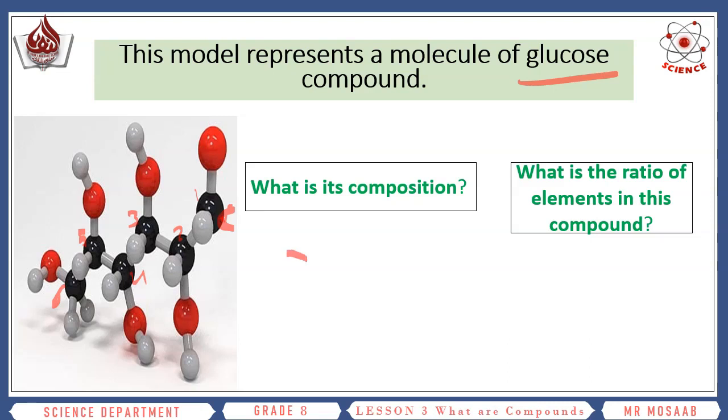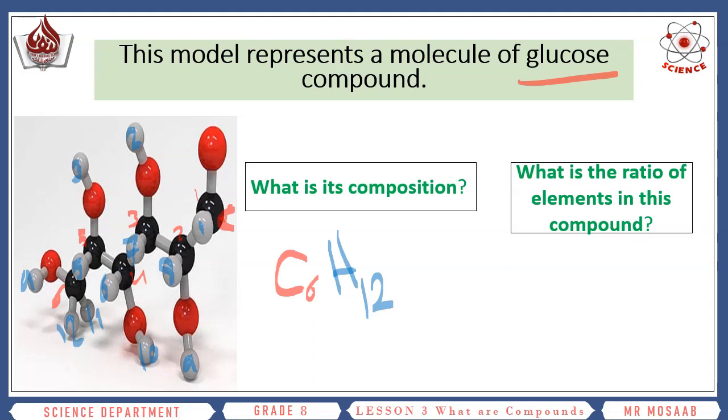We write first carbon followed by the little number 6. How many hydrogen? We said that hydrogen is white color. 1, 2, 3, 4, 5, 6, 7, 8, 9, 10, 11, 12. So hydrogen would be 12.